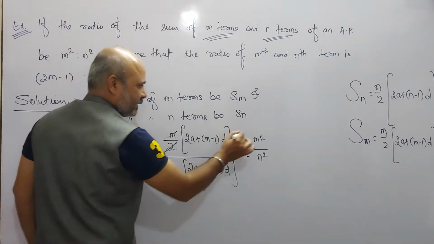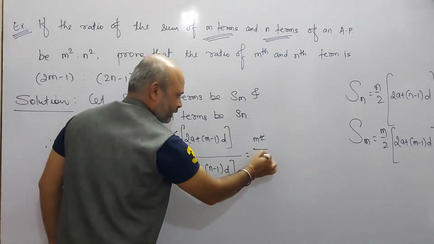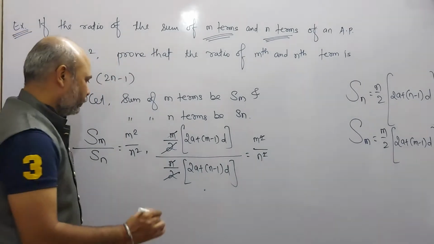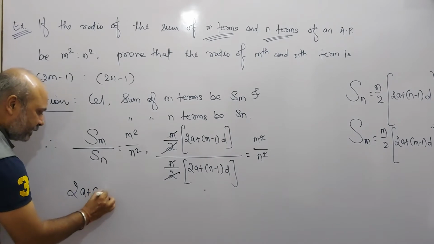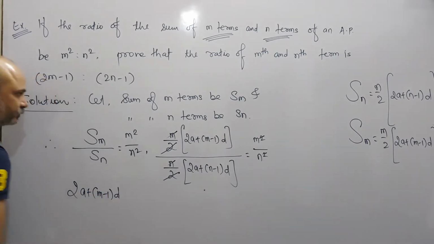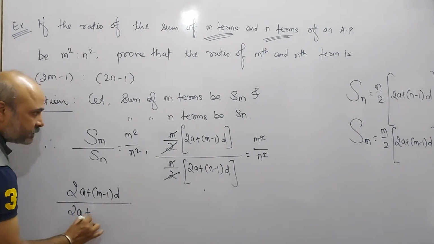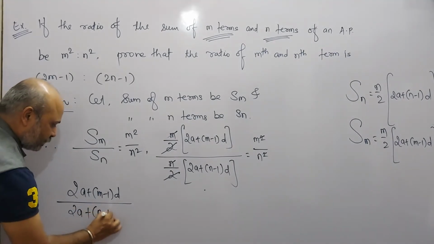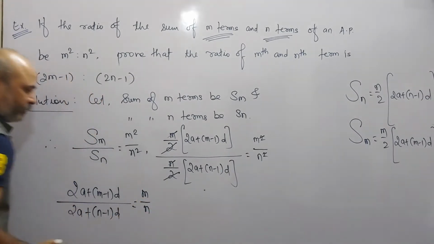This m cancels with one m, and this n cancels with one n. So what will you get, student? Then you will get 2a plus m minus 1 into d divided by 2a plus n minus 1 into d, and this is equal to m divided by n.